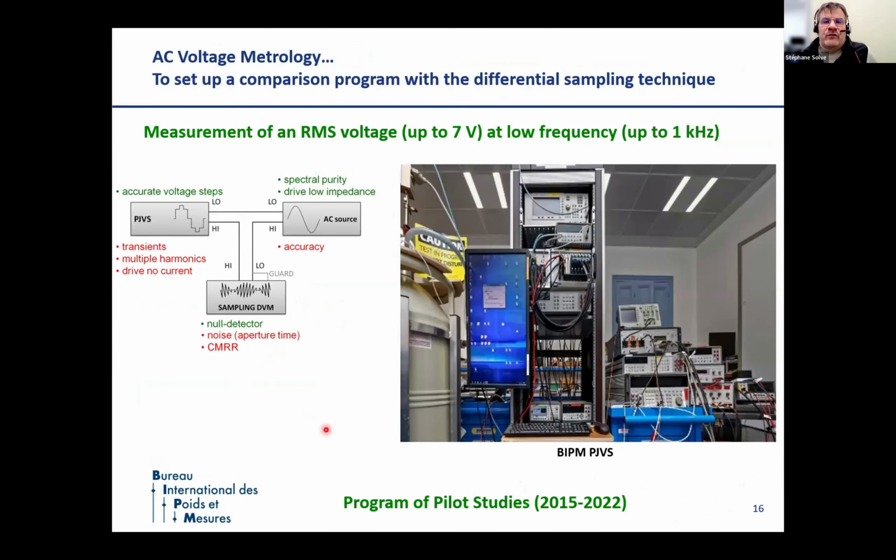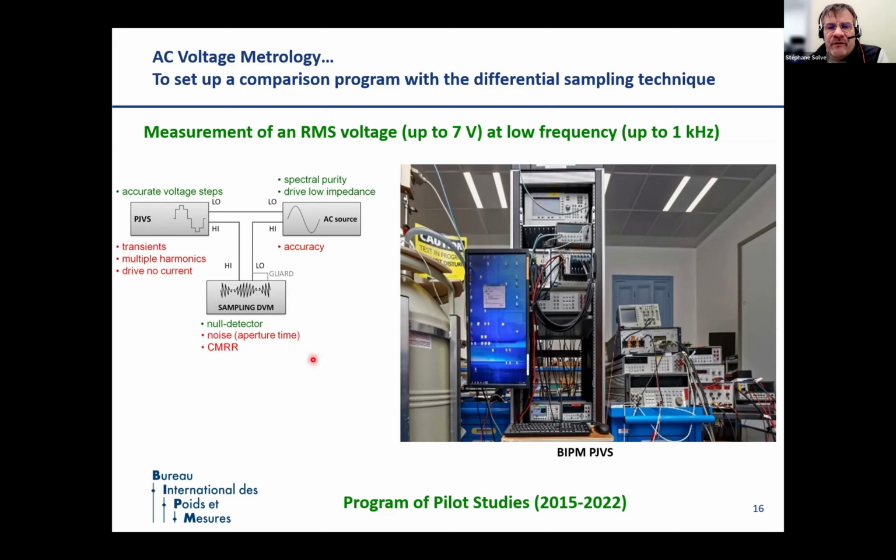So why do we change the transportable system at the BIPM to the PGB? It's not only to follow the nice evolution of the technology used in Josephson voltage standards, but also because the PGBs, as Alain mentioned during his talk, offer more applications, and one of them is to measure AC voltages from an AC source, the RMS value of an AC signal, using the PGBs and the differential sampling technique.